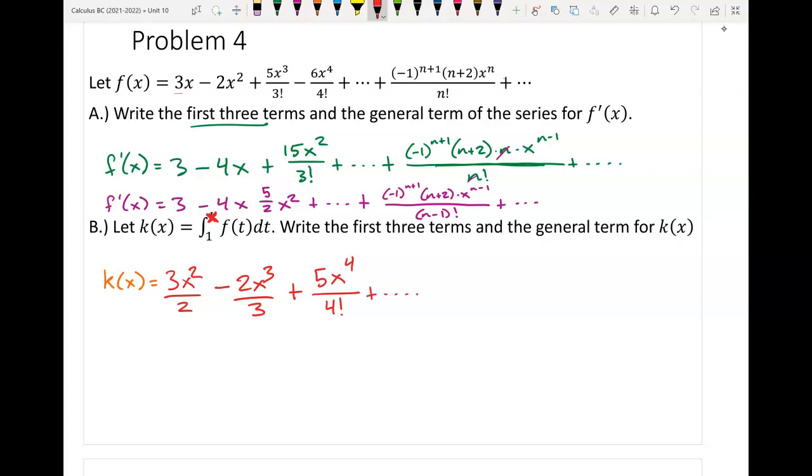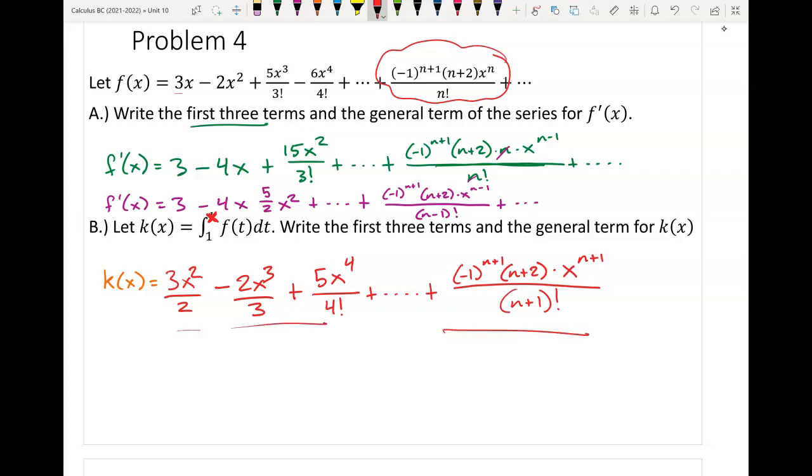Plus dot dot dot. And we are integrating this one here. So that's going to be negative 1 to the n plus 1 times n plus 2 times x, but I'm raising my power by 1, so that'll be x to the n plus 1 over n factorial times n plus 1. But again, I can just condense that down to n plus 1 factorial. All right, and that is the integral. The first 3 terms and the general term.